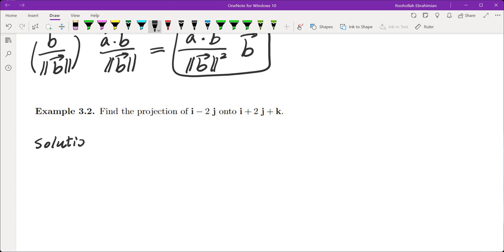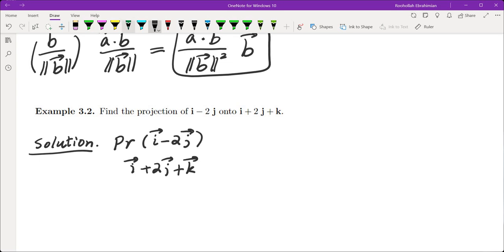Let's look at an example on this one. Find the projection of 2i minus j minus 2k onto i plus 2j plus k. In this case, this one is A because it's the projection of A, and the one at the bottom is B. So what is the projection?